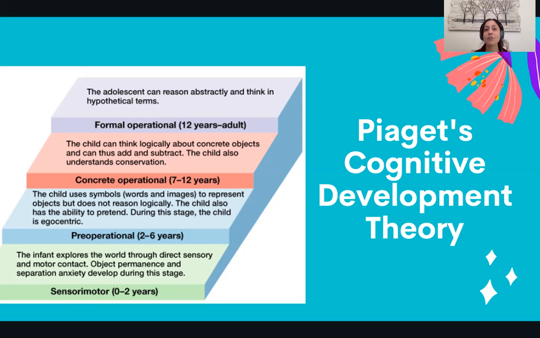Okay, so a 5-year-old is pre-operational and is going to use symbols and words to represent objects, but not really be able to reason logically. So if you wanted to try to complete a written trauma narrative with this child, that's really not appropriate and isn't going to be very successful. So instead, you might use something like dolls or art in order to process that trauma. Alternatively, the 15-year-old who's in the formal operations stage can think logically and abstractly and would be better suited to something like creating a trauma narrative.